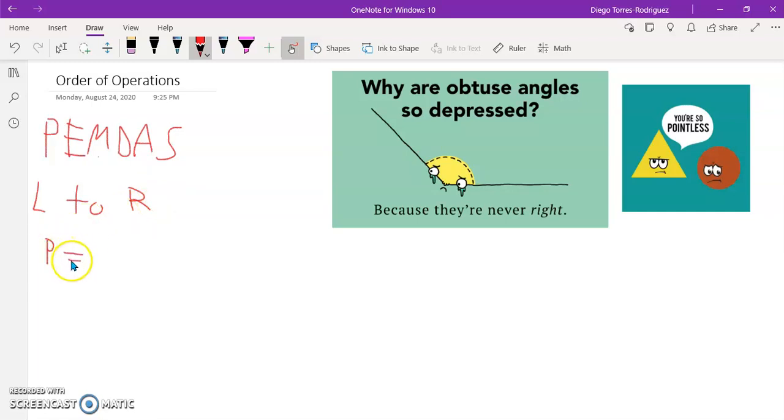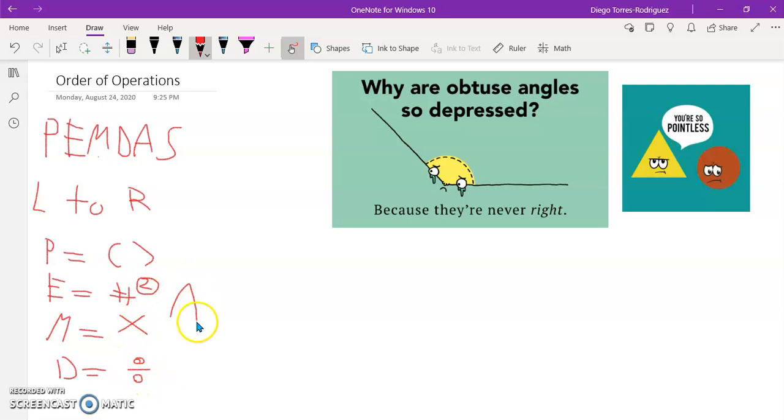P stands for parentheses. E stands for exponent. This is the exponent right here, just to make sure. M stands for multiplication. D will stand for division. A will stand for addition, and S will stand for subtraction.